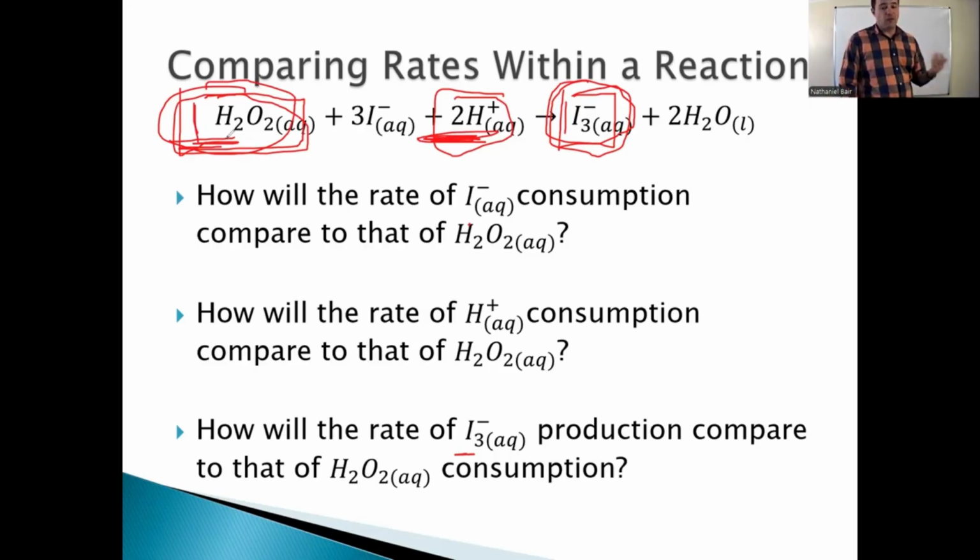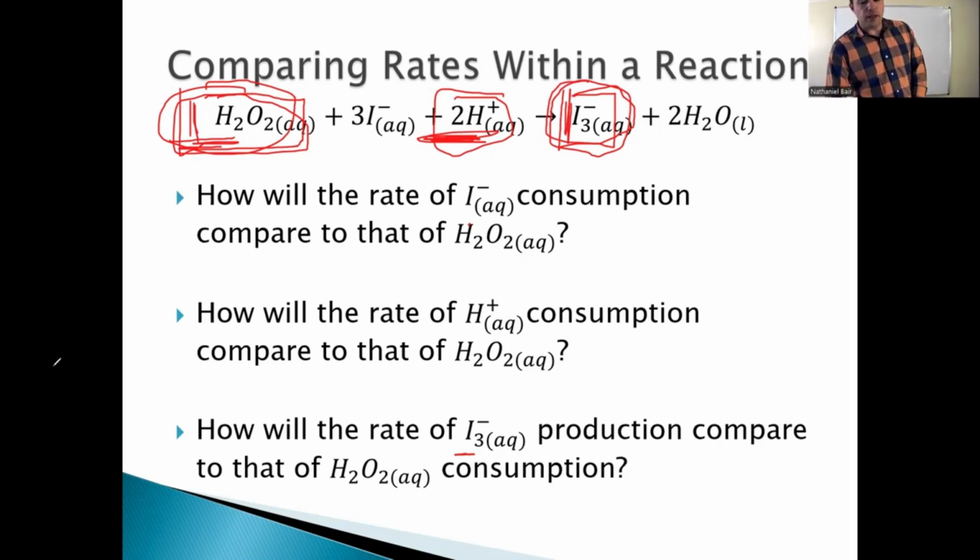So whatever it is, say 0.5 molar per second, for the triiodide it's going to be positive 0.5 molar per second, and for the hydrogen peroxide it's going to be negative 0.5 molar per second. Why is that? Well, for every 1 hydrogen peroxide that goes in, I get 1 triiodide out. So they're going to have the exact same rate, just opposite sign, because one's decreasing and the other one's increasing.